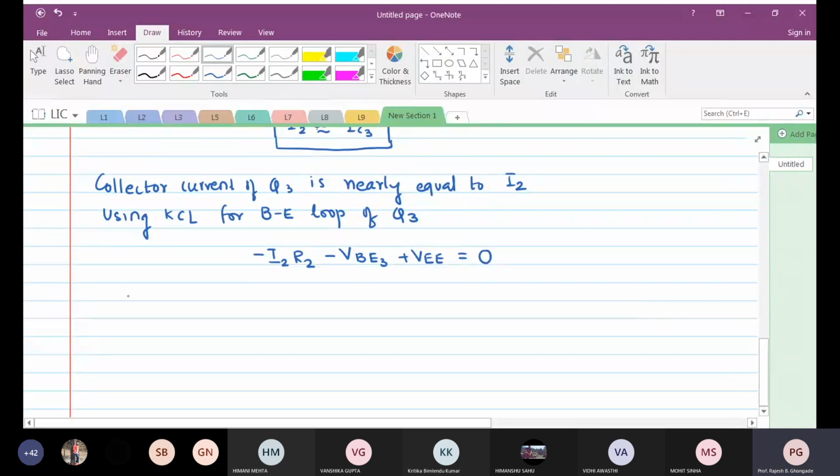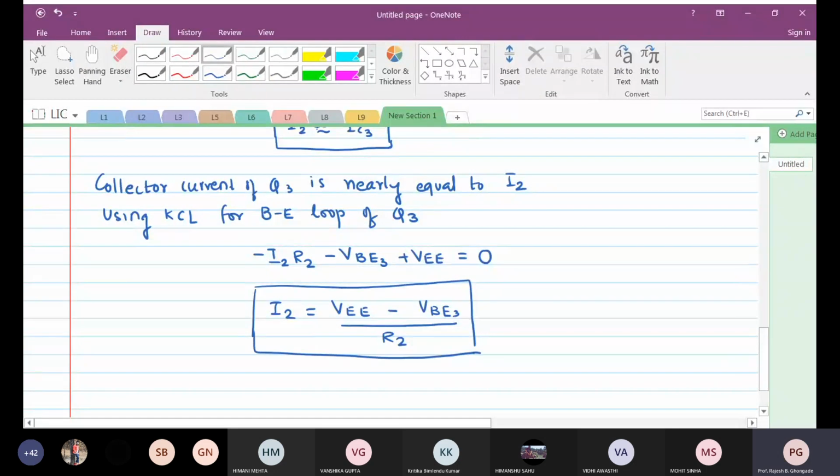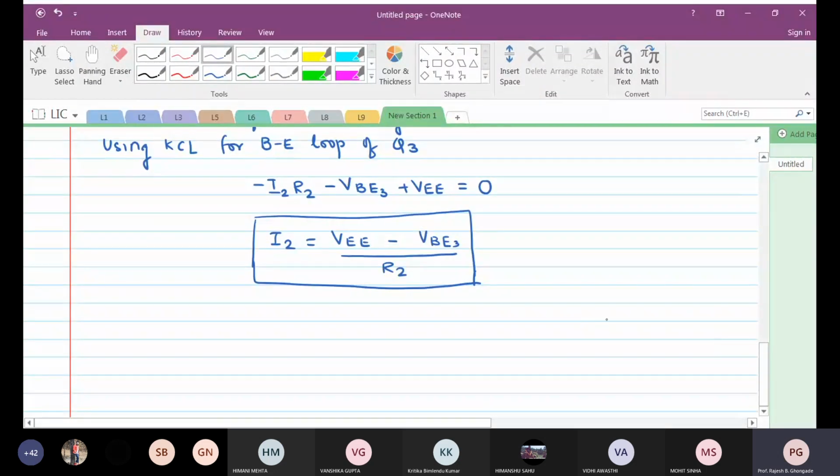So now, is this equation clear in the first place? Guys? Yes, sir. So from this, can I write an equation for I2? Simply rearranging this, we get I2 equals VEE minus VBE3 divided by R2. This is an important equation. Why? Because it is a design equation for I2.